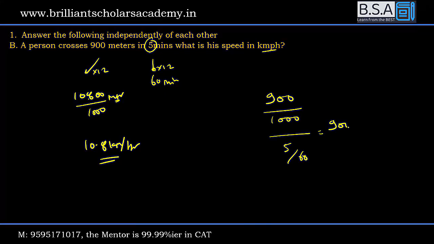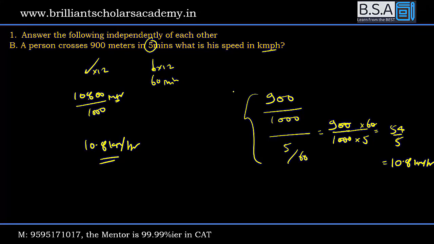So 900 by 1000, denominator into 5, numerator into 60. 3 zeros gone. That is 54 upon 5, which is 10.8 kilometer per hour.